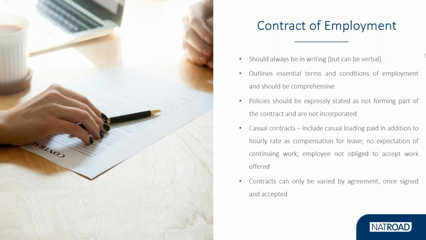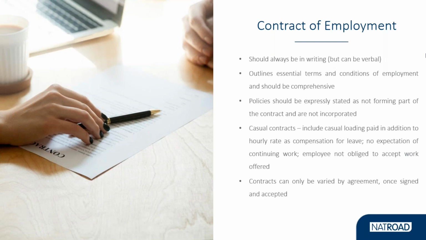So as it says, the contract of employment should cover off those essential terms and conditions between the parties and be as comprehensive as required for your business. Now, depending upon the level that the employee is engaged, whether it's a base level job or whether it's actually a senior role, some of those elements would dictate how complex or how comprehensive some of the terms within the contract would be.